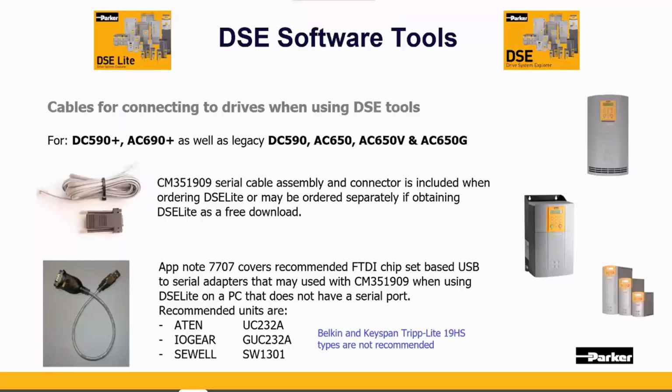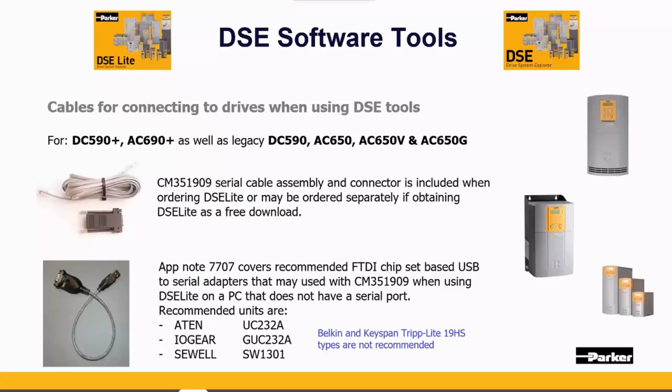you can purchase a cable from us called CM351909, which has RJ45 connectors on it and an adapter to a serial port. And if you get the for-purchase DSE Lite version, it comes with that cable. If you download a free version, you have to get the cable separately.